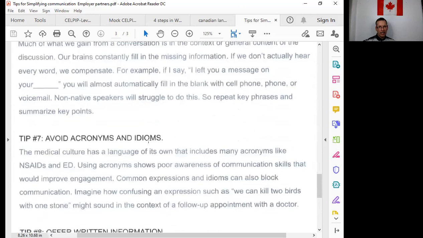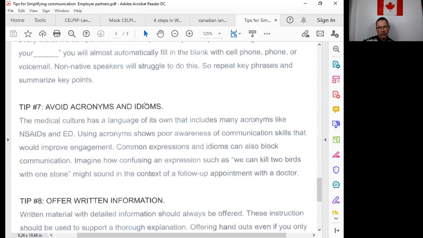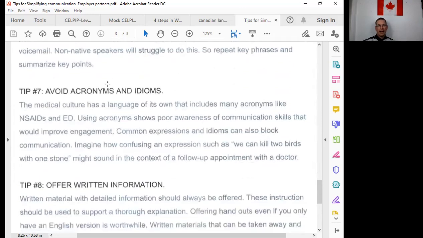And then the last tip here, well, I guess there's a couple of tips, but avoid acronyms and idioms. Frequently, as I watch and listen to people, or even when I'm reading in the news, you'll be surprised how often in English we have different phrases and idioms and sentences that students and learners of English don't understand.